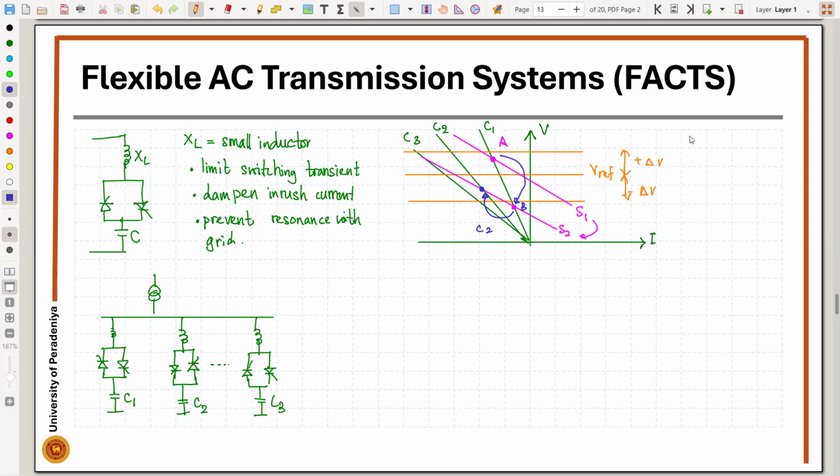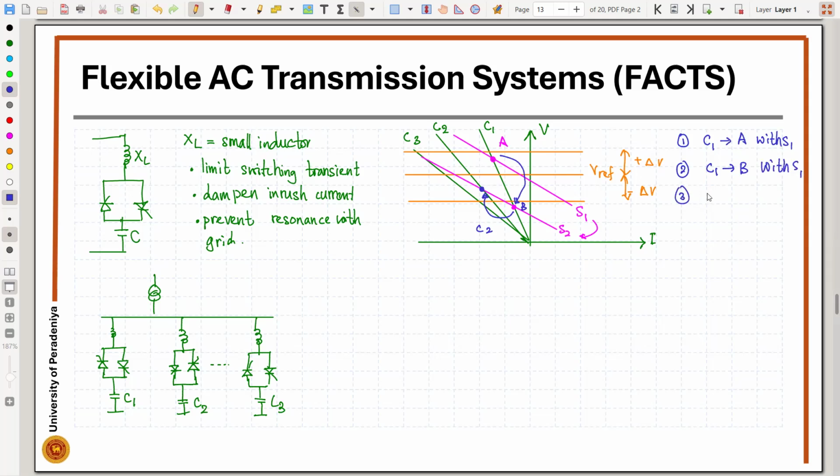So in the first place, C1 at point A with S1. Then we go to C1 operating point B with S1.